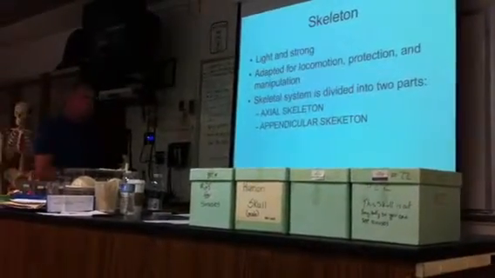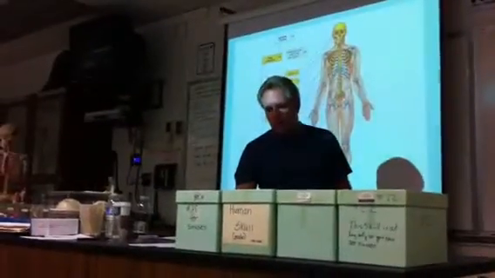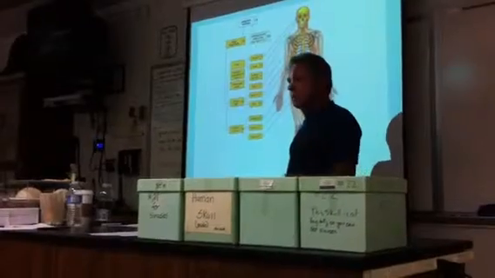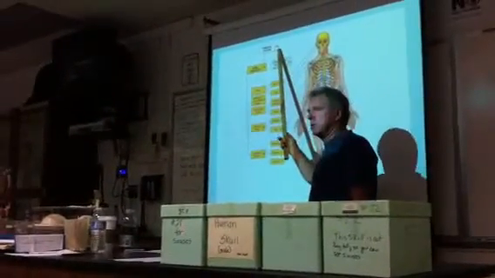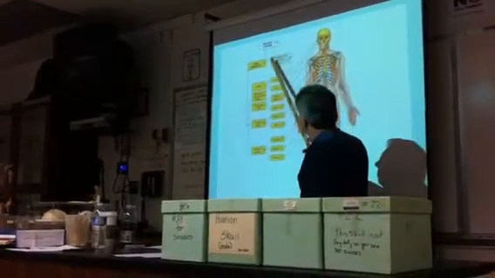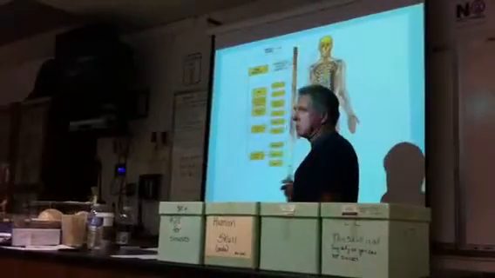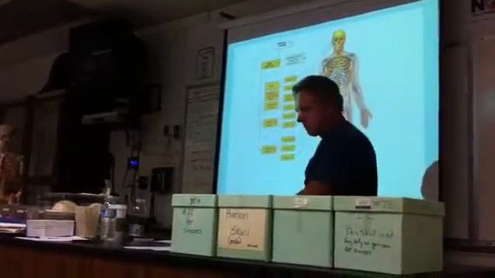Now your book goes into a bit more detail than we need on these next two slides, but I'm going to show them anyway. You don't need to do the math here or anything like that, but the general number you always get is 206 bones in the skeletal system. It's broken down into 80 in the axial and 126 in the appendicular, but again, you don't need to know this.